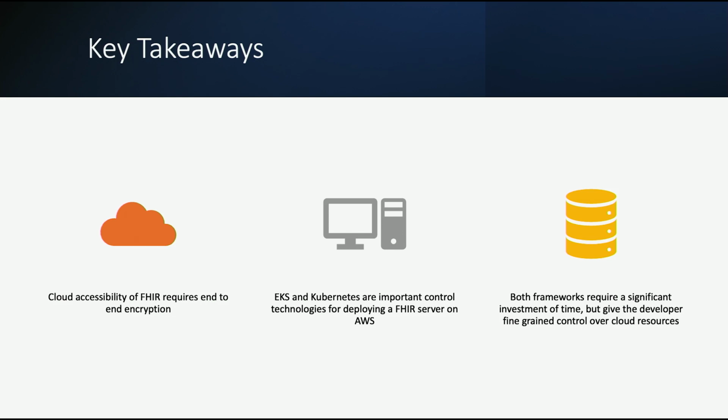Cloud accessibility of FHIR is wonderful, but you need to have end-to-end encryption to really make it secure. And we showed you that today. EKS and Kubernetes really help deploy a FHIR server in the cloud. This is a pretty complex operation.